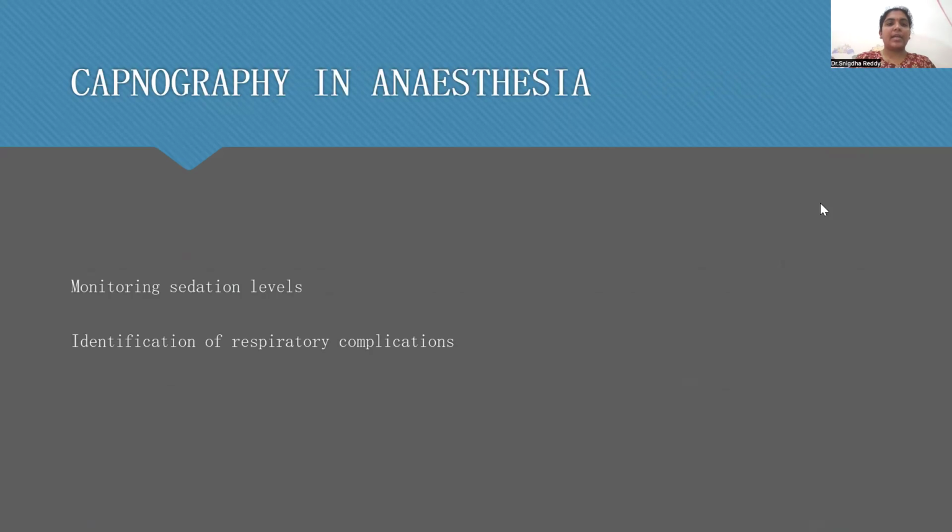In anesthesia, it's used for monitoring sedation levels, as we earlier discussed, and identification of respiratory complications, like pulmonary thromboembolism, mucus plugging in the ET tube, or a patient suddenly developing fever or high temperature; the graph shows it differently. If there is any ventilator malfunction, expiratory valve defects, or inspiratory valve defects, it is also clearly shown in capnography.